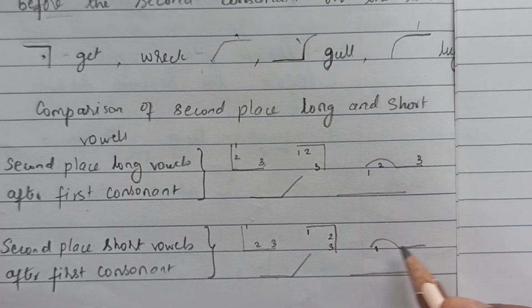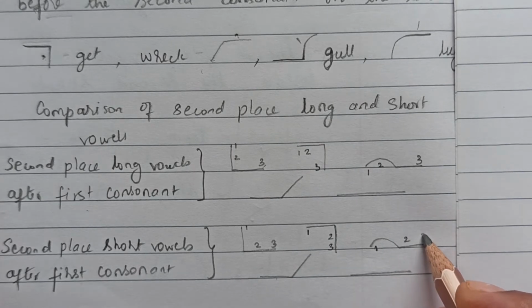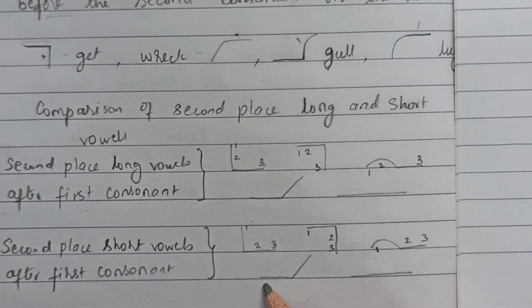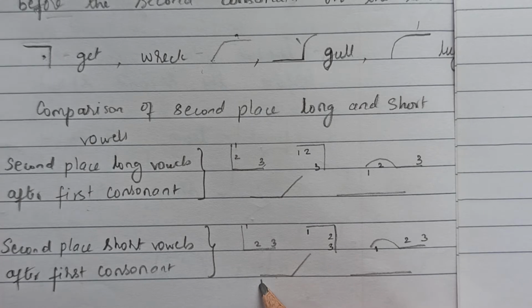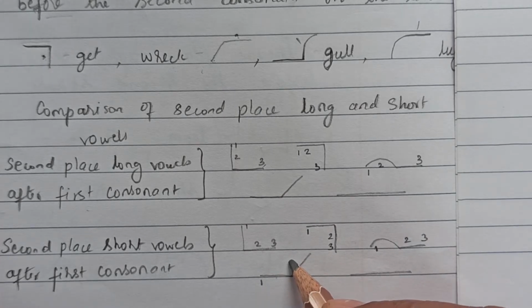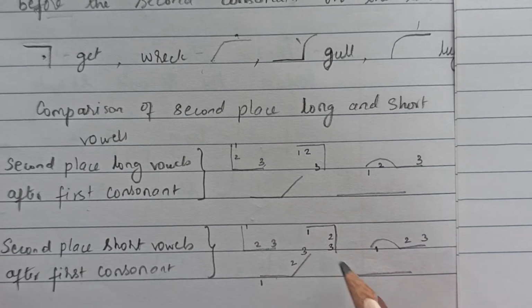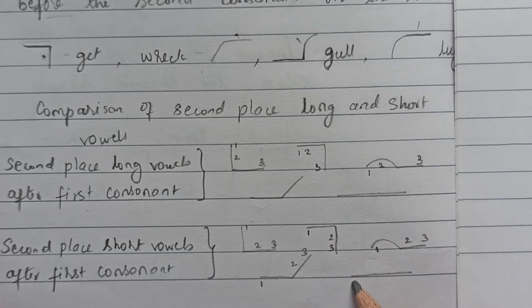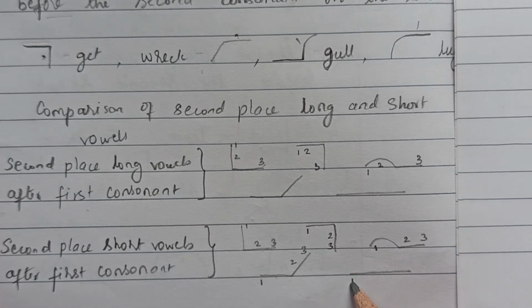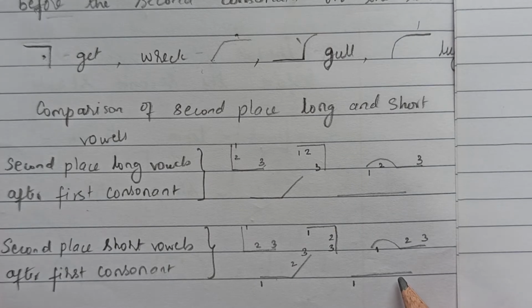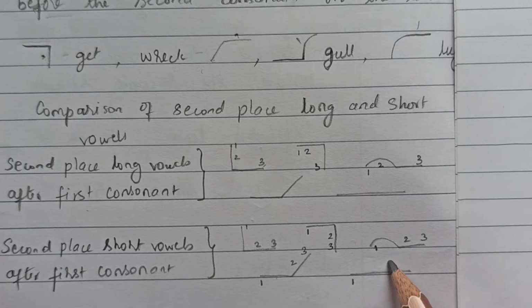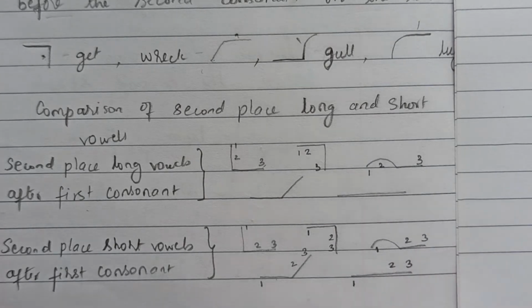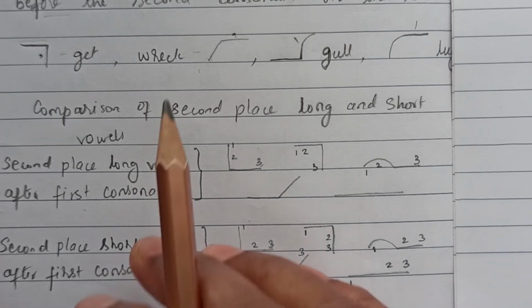Again the first place after the consonant, and second and third place before the second consonant. This is how you can represent the short vowels after the consonant.